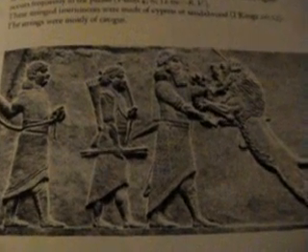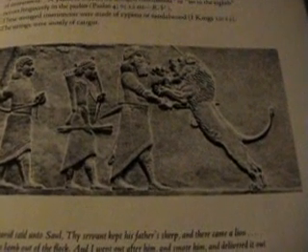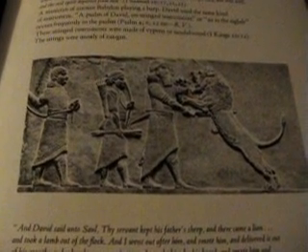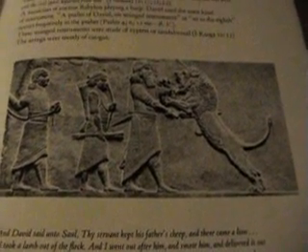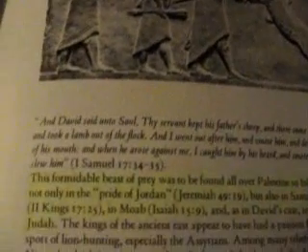So this is another picture of the Israelites. This is of King David when he had defeated the lion that had taken the sheep, and he took the sheep from the lion's mouth and then went and defeated the lion. As we should tell you anyway.